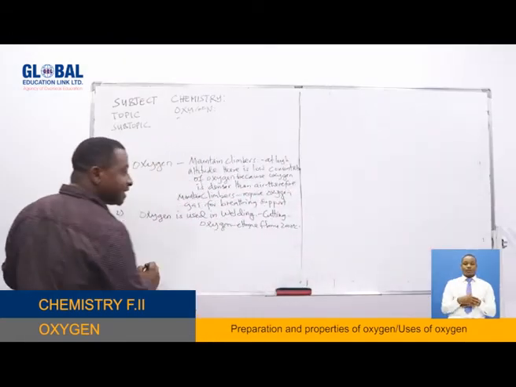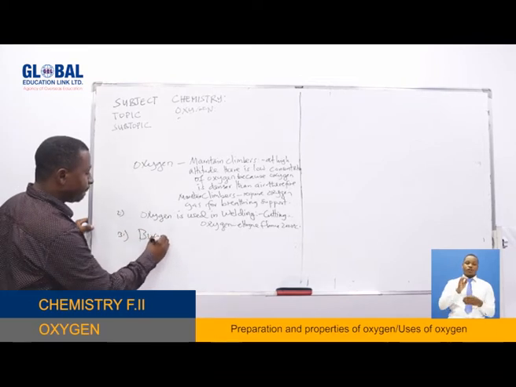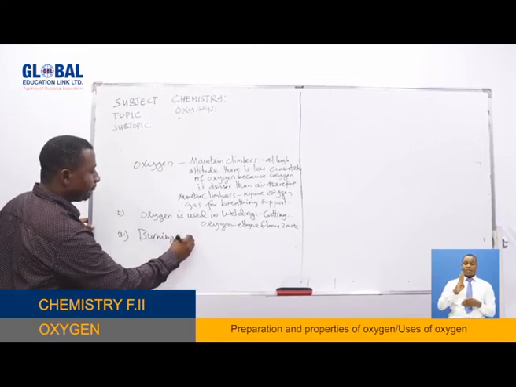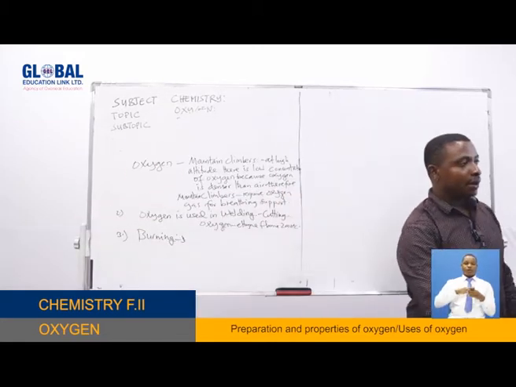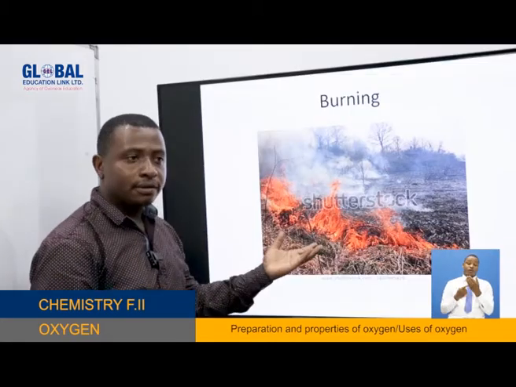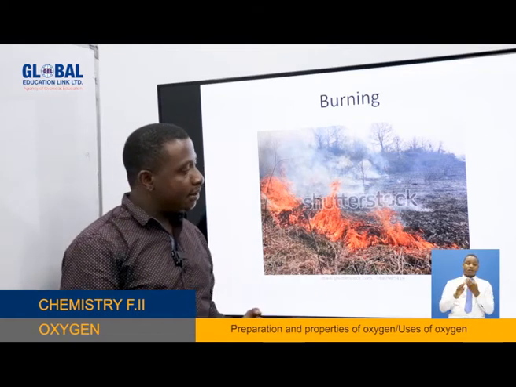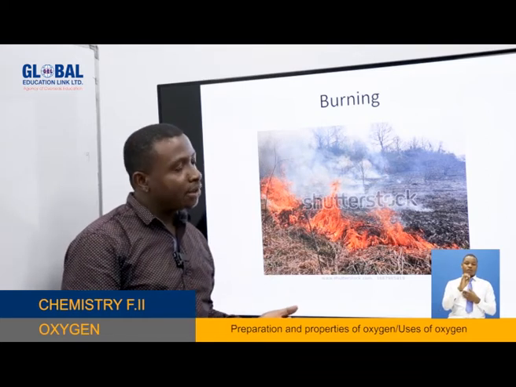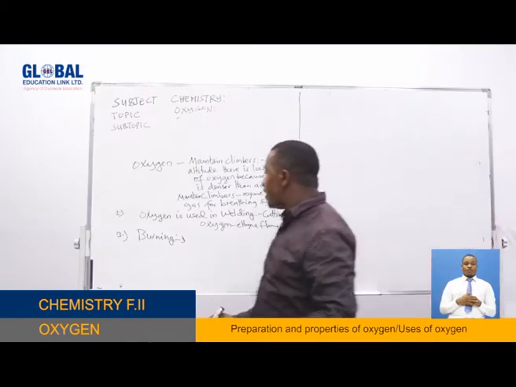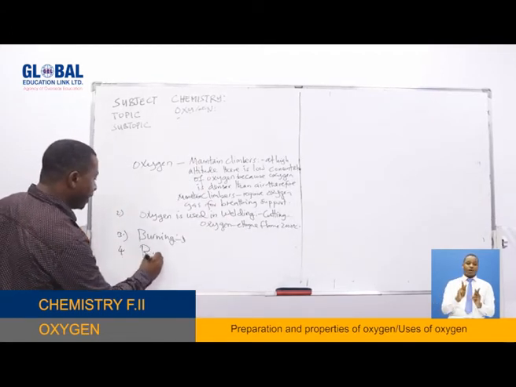There are some other uses of oxygen, such as in burning, because it supports combustion. You can now see substances are burning through the support of oxygen, because it supports combustion. We also have other uses of oxygen, such as in rockets.